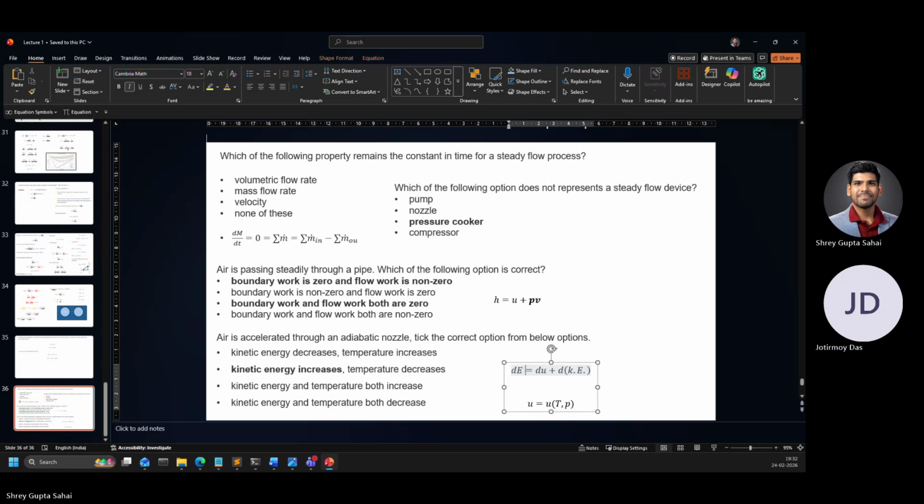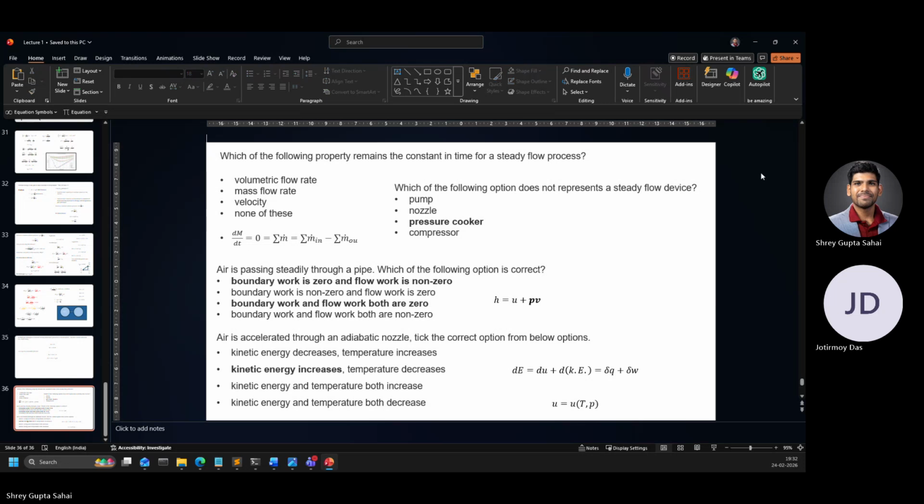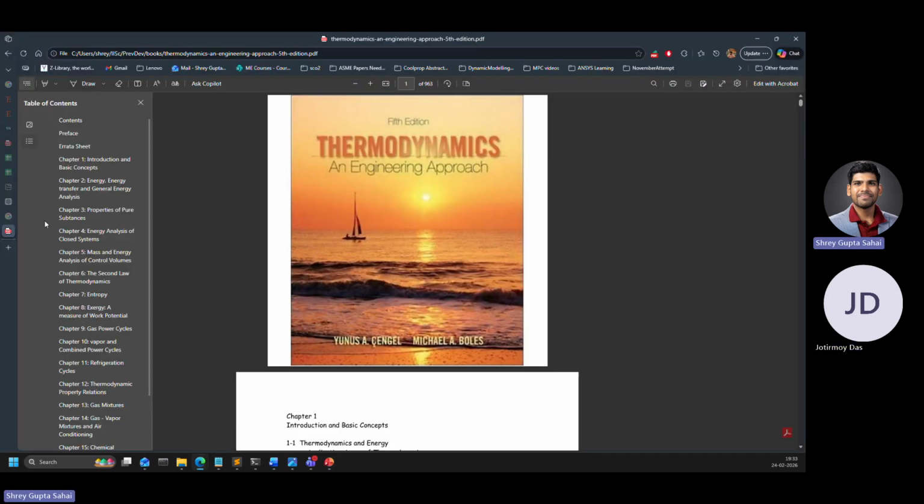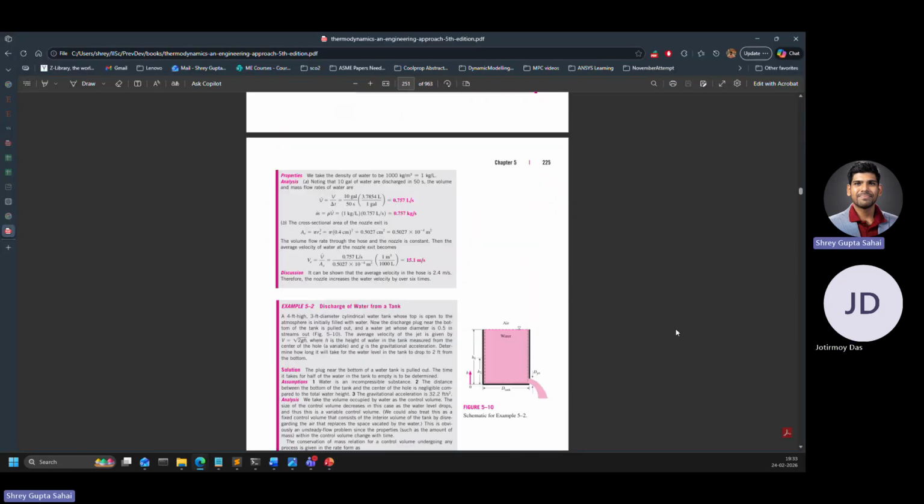Sorry, dE will be delta Q plus delta W. In a nozzle, is work done 0? Work done is also 0, I feel. Both of these terms will be 0 because it is adiabatic and you don't have any boundary work either. Let me see, I am also a little confused now. Let's quickly see this.